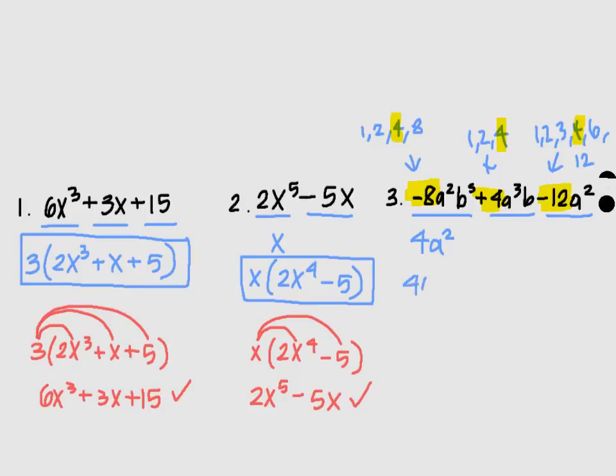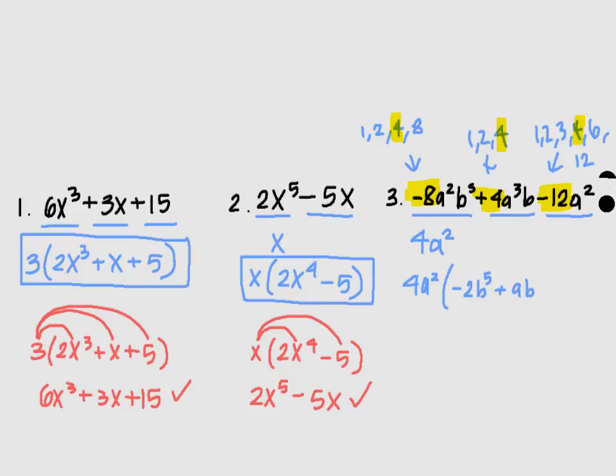So 4a squared, the first term, -8a squared b to the fifth, divided by 4a squared is equivalent to -2b to the fifth. In the second term, 4a cubed b divided by 4a squared equals +ab.